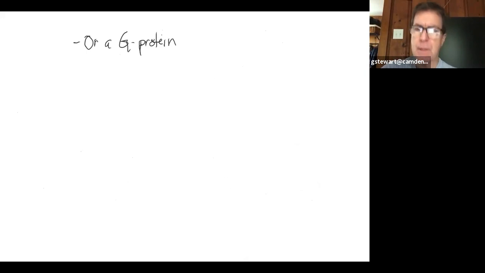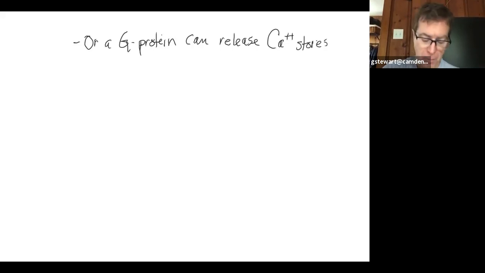Or a G protein can release calcium ion stores from inside of the cell, and then I'll put this in parentheses.